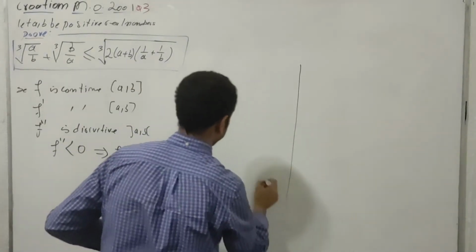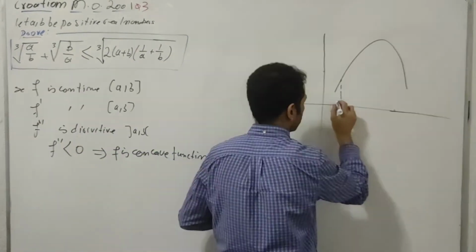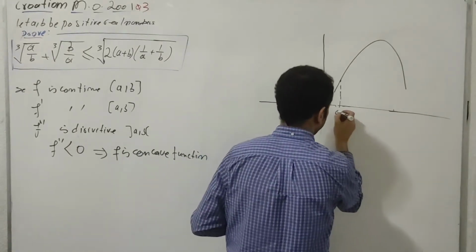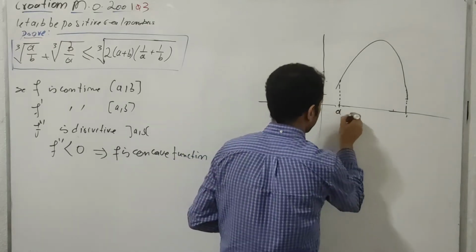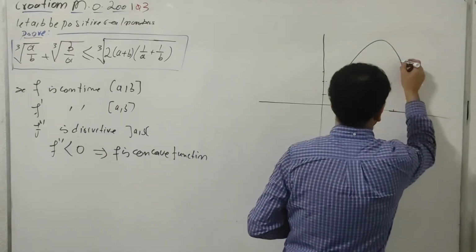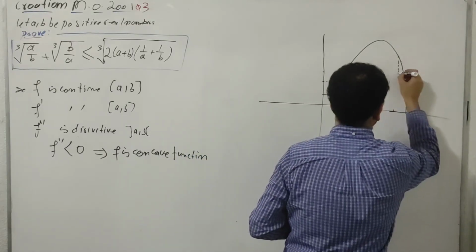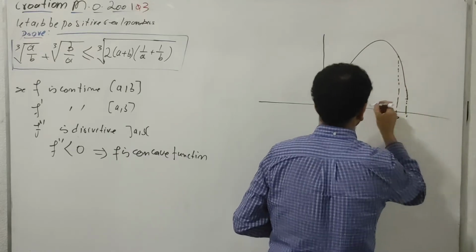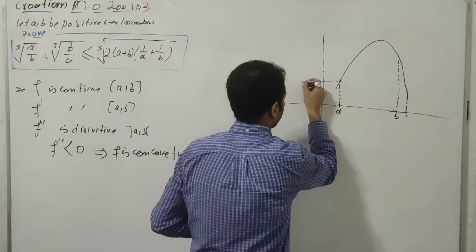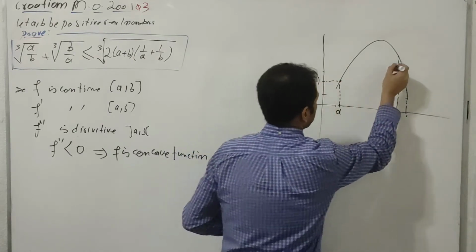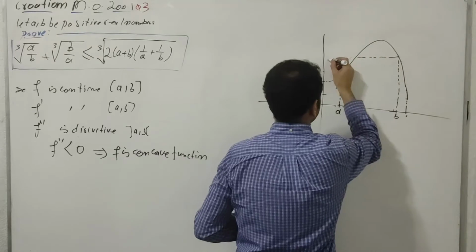If you have this function, for example, I'm going to choose an interval [a, b]. I'm going to choose two inputs, a and b, in the interval like this, and take the outputs of these inputs. I will have f of a and f of b here.